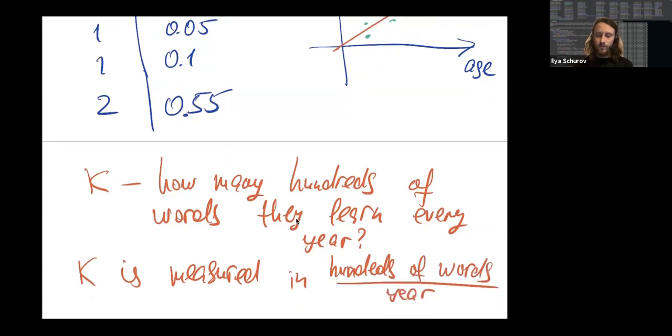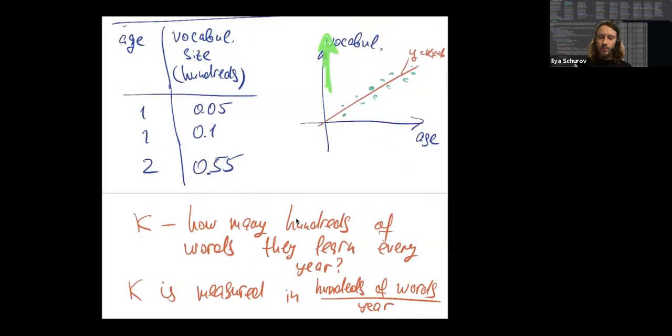And so if you change units of measurement, you change this k. It means that if I rescale this picture, for example, by stretching the vertical axis, then the slope of this line will change. And this means that I will change this k.